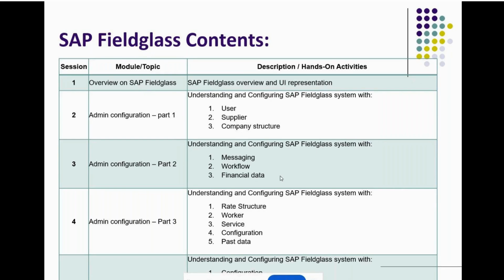Okay, sir. If you're talking about the financial data, data will basically flow in each module from FI to CO or TRM. So what is the core objective of this SAP Fieldglass? What is the main niche of this software? As you know, Fieldglass is basically a vendor management system.